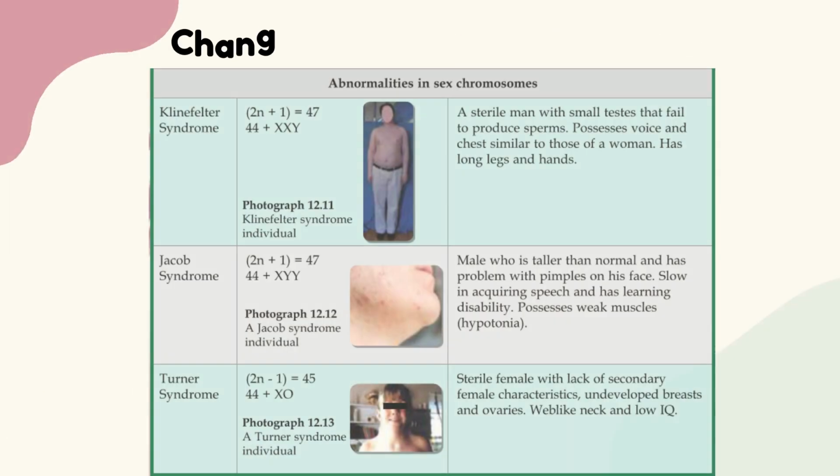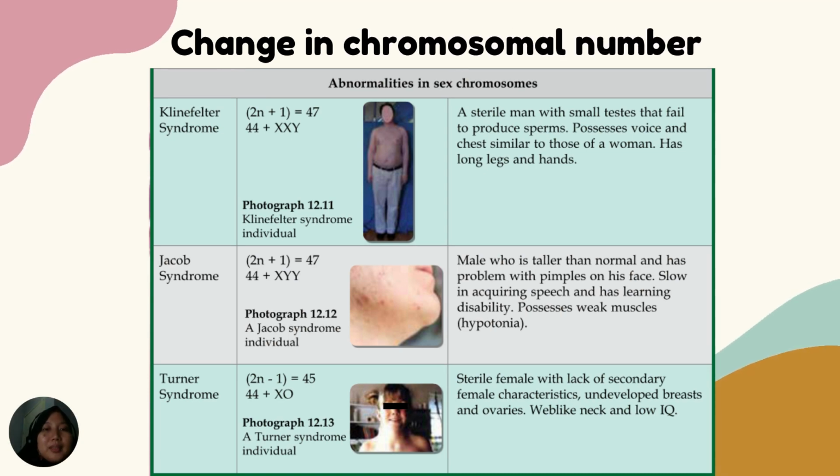Okay. So another one, what happens if there is a change in chromosome number involving the sex chromosomes? When I say sex chromosomes, bear in mind XX is for female, XY is for male.